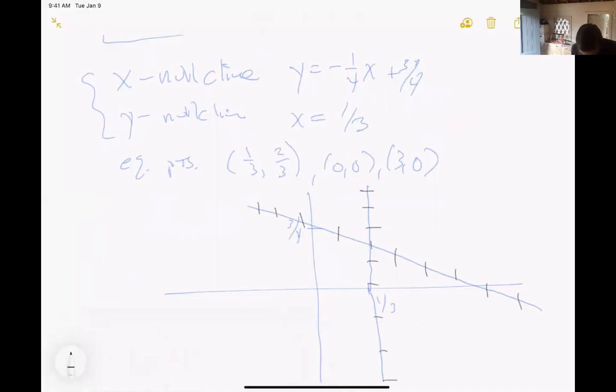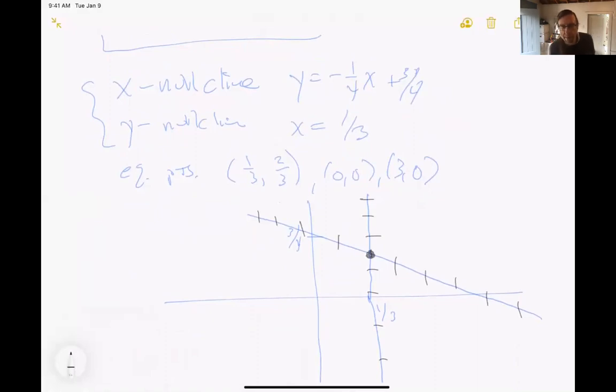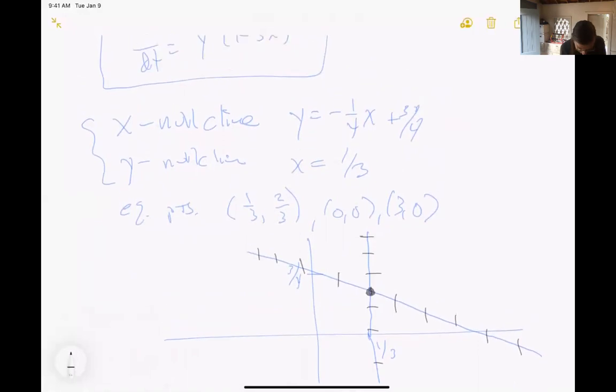There has to be an equilibrium point, because the only way to have something that's both vertical and horizontal is if it's just 0. And again, they're asking about the eventual fate of the point 1/3, 1. It's up here somewhere. So what happens to that point?